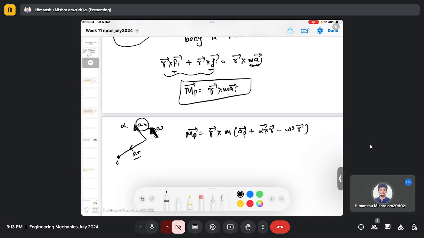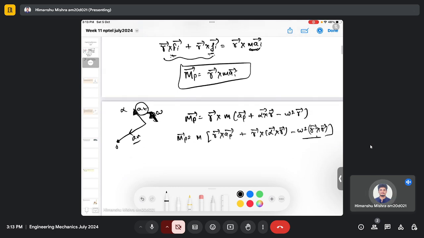This will be my expression for the moment. I can rewrite or simplify this expression as m r cross a_P plus r cross alpha cross r minus omega squared r cross r.